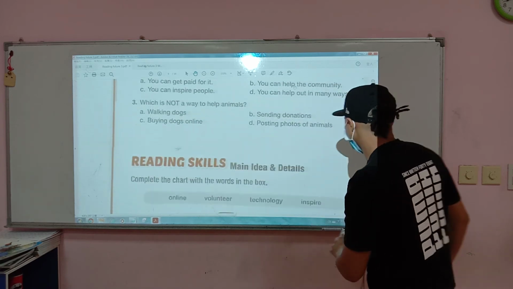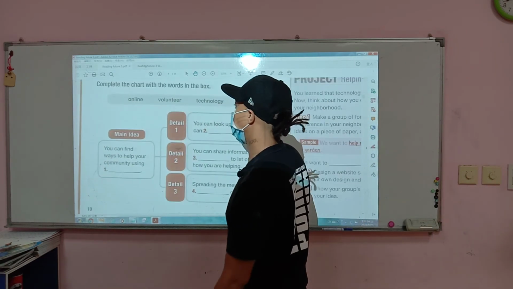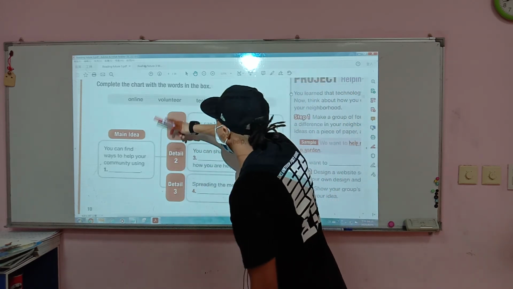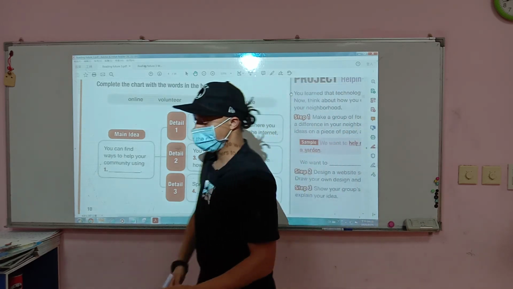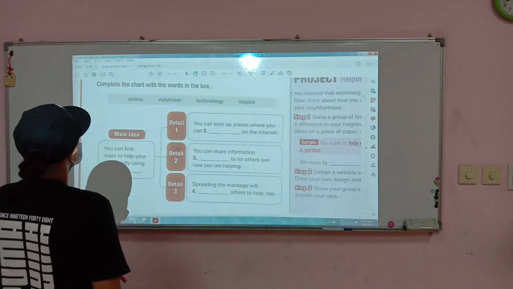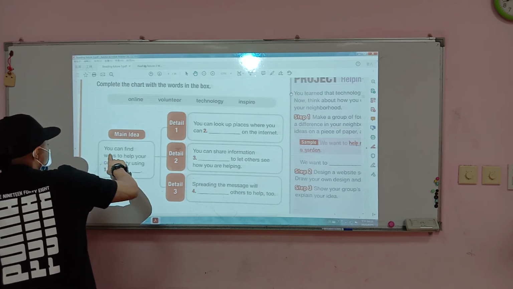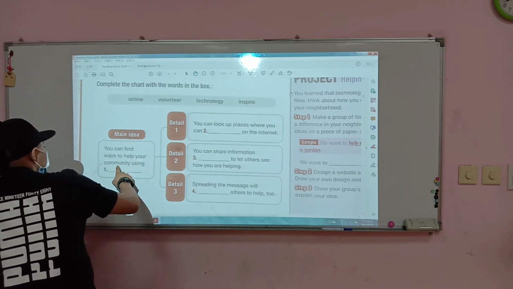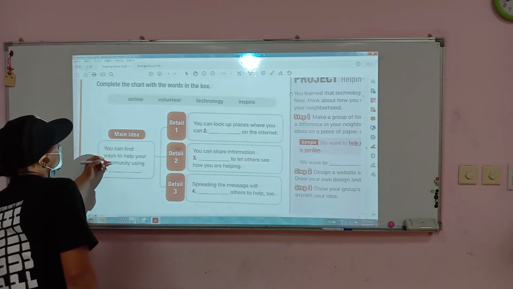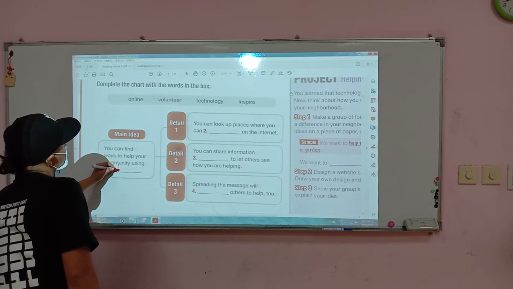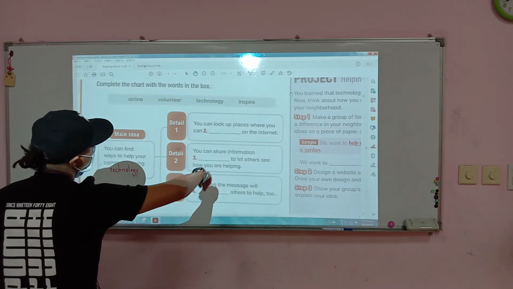Moving on. Complete the chart with the words in the box. So we have online, volunteer, technology, and inspire. Let's see what we have first. Main idea. You can find ways to help your community using technology. 2.